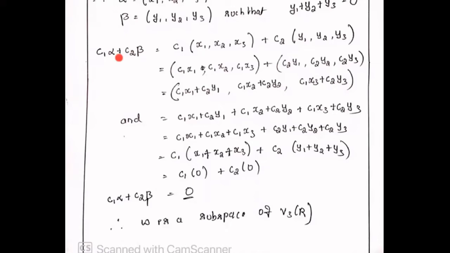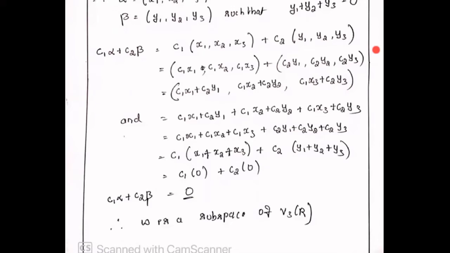So I have C1 into alpha plus C2 into beta, right? Alpha is x1, x2, x3, C2 is a constant, beta is y1, y2, y3, I substituted. Then I am multiplying C1 here. So C1 multiplied with the x vector becomes C1 x1, C1 x2, C1 x3.